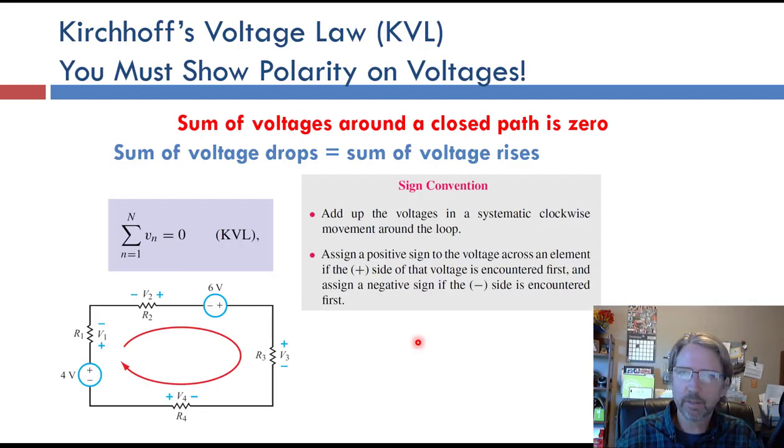Okay, so the other Kirchhoff's law is Kirchhoff's voltage law, and it is written around a loop. So you need a closed loop, and the sum of the voltages around this closed path, this loop, is 0.